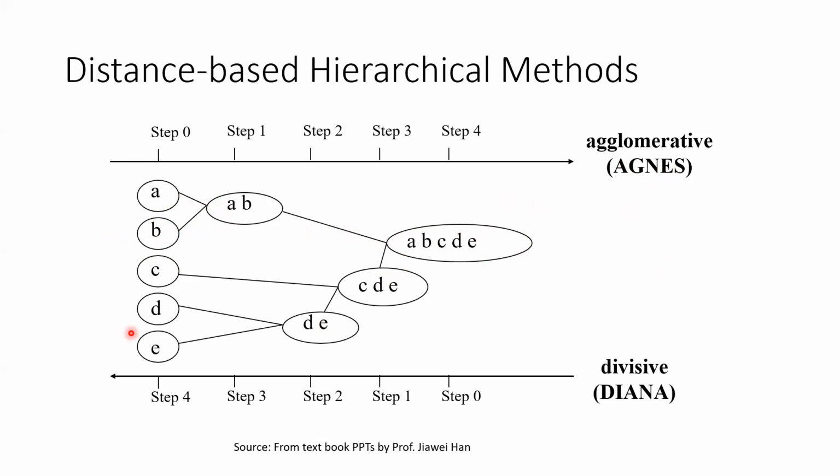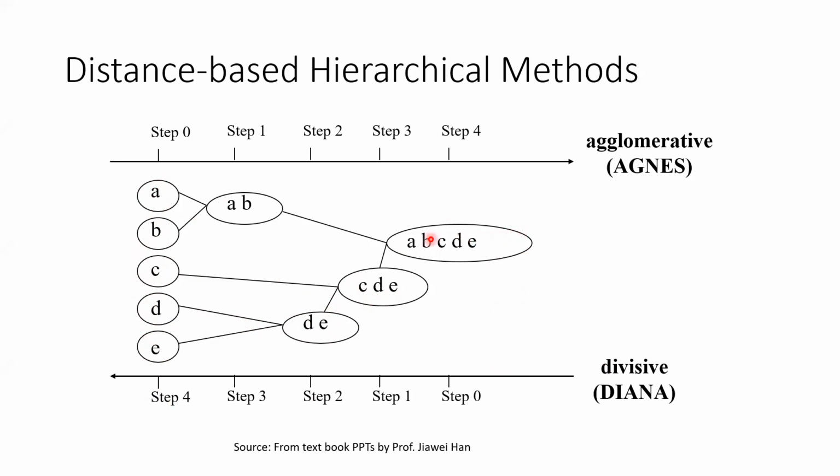The other way of hierarchical clustering is divisive clustering, where we start with all the data points belonging to the same cluster, and then we divide these data points into two clusters. At this point, we divide this cluster into two clusters, and this cluster into two clusters. And at the final stage, at step 4, in the divisive method, each data point will belong to a different cluster.